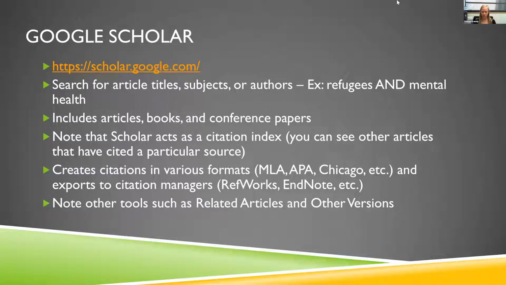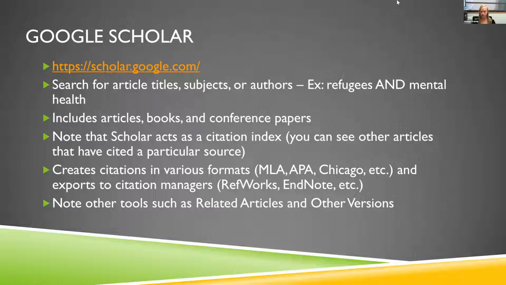The citation counts for both books and conference papers are more robust in Google Scholar than Scopus or Web of Science, which are both citation indexes, if you're familiar with that term. So that means that you can see who is citing which articles.